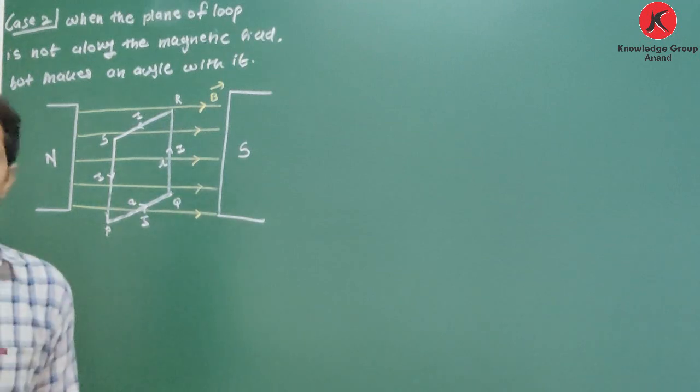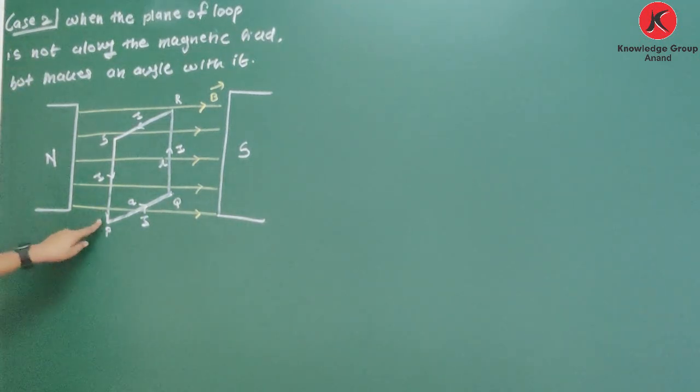So same situation, we have just placed this loop at some angle. What is the method? Again, we have to find the force acting on each and every wire.